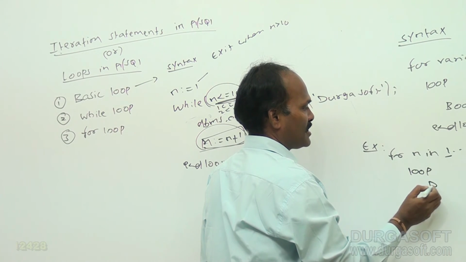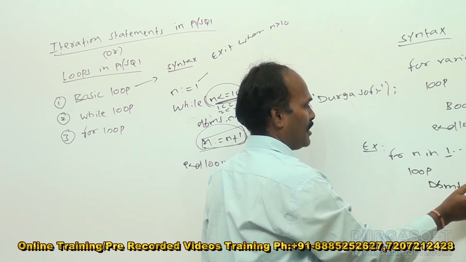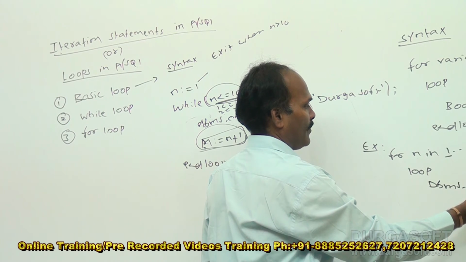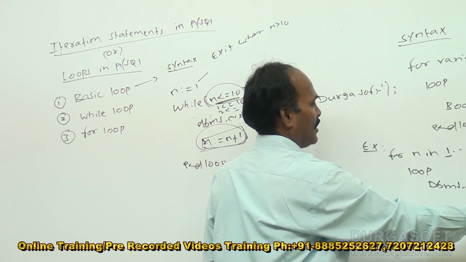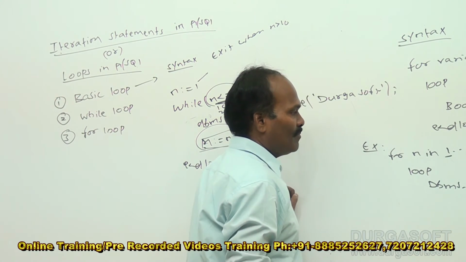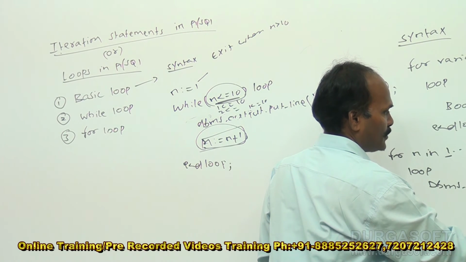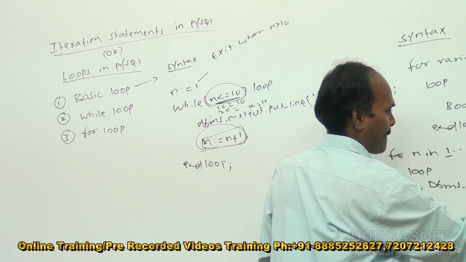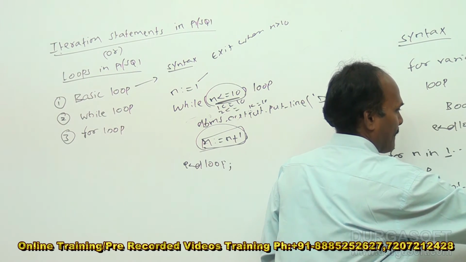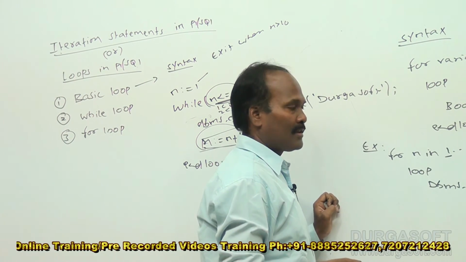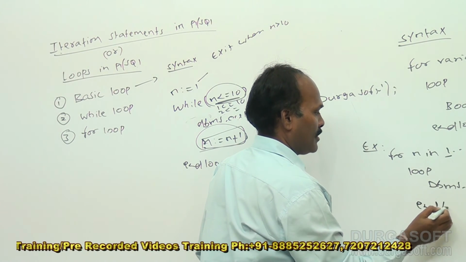What is the message? dbms_output.put_line('DURGASOFT'). And finally you write end loop.